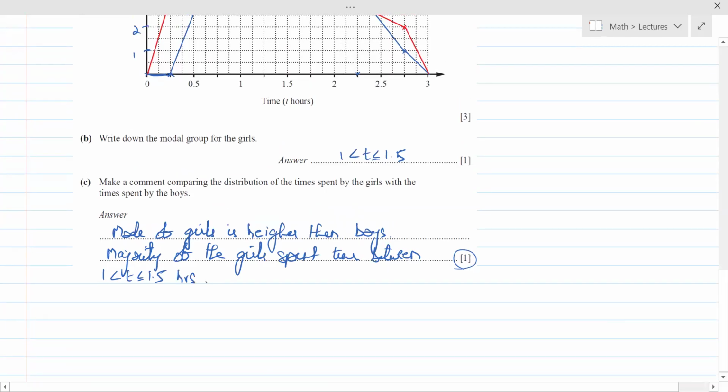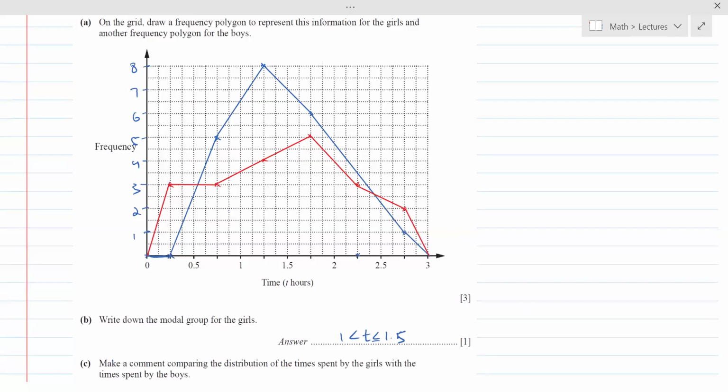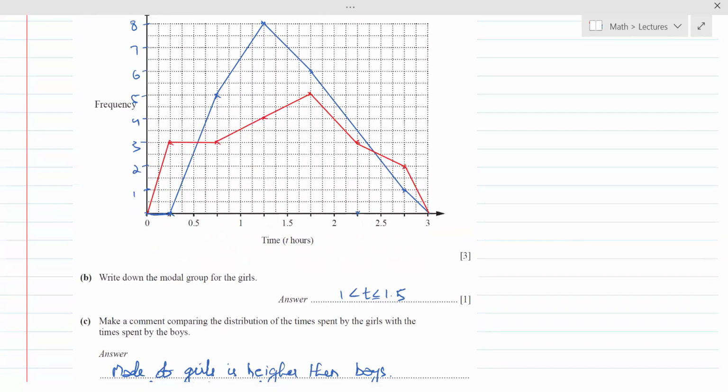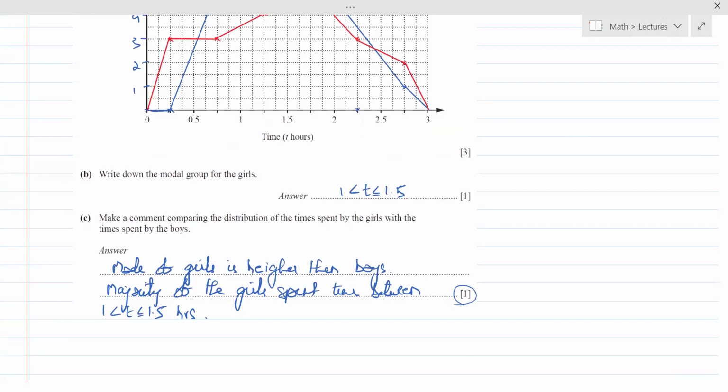And boys were more consistent as compared to girls because you can see for all these classes, boys were having the frequency around 3. For all these distributed classes, boys were having the frequency of around 3. So boys were more consistent.